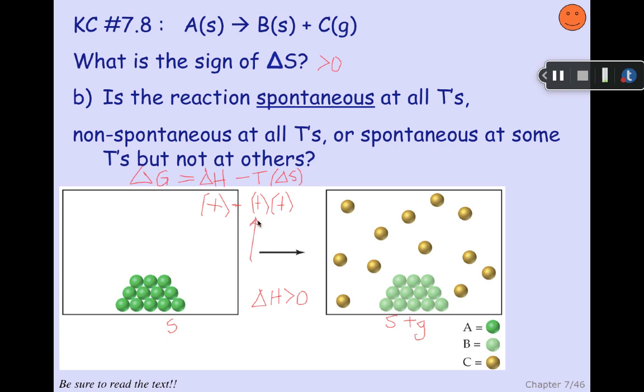So if you have a big enough temperature, the second quantity, T times delta S, will end up large enough eventually to overtake the size of delta H. So this tells us that negative values of delta G can be determined if you have a high enough temperature. So it's spontaneous at some temperatures, but not at others. So that's one of these logic questions that you can work with here without any numbers whatsoever, but you can get an idea based on the signs of delta H and delta S.